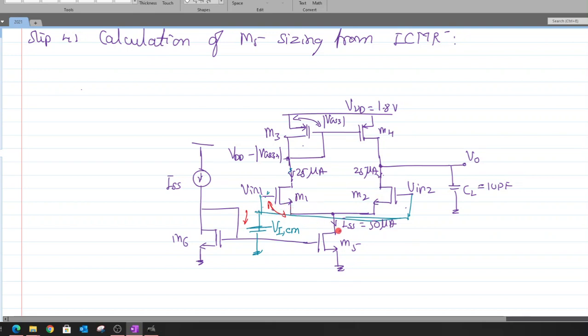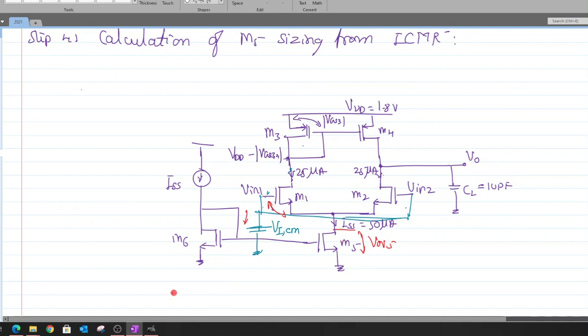Along with it, I also have to ensure that while trying to drive the voltage towards the ground potential, we have a minimum potential across the VDS of our M5 transistor, and that minimum voltage is supposed to be equal to VOV5. This is the minimum potential that I have to ensure across the drain and source of my M5 transistor, such that it stays in the saturation zone.